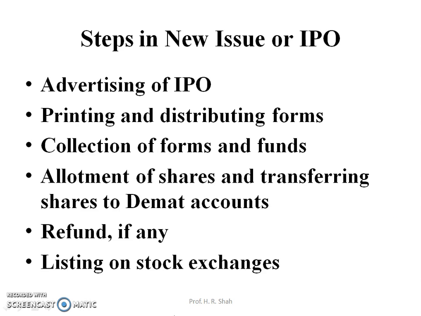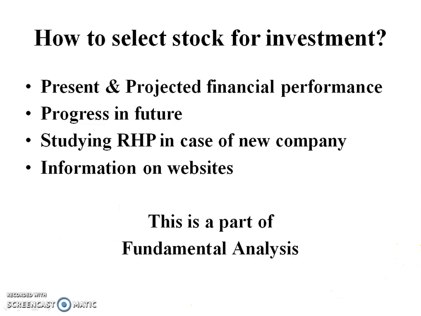Now the important point here is how to select the company in which money should be invested. The answer of this is the company which has excellent financial performance and the scope of future growth should be selected. Though it looks simple answer, it has many aspects which should be studied in details.